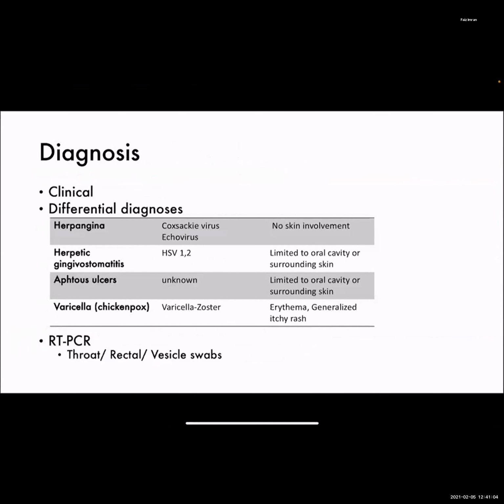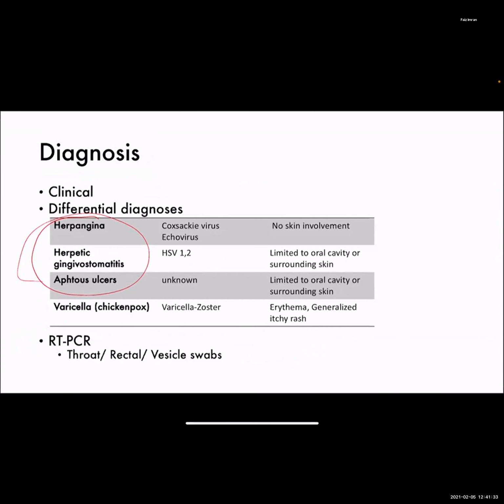When you want to diagnose HFMD, it is usually diagnosed clinically. You just observe the signs and symptoms, which again are enanthem, exanthem, and a painful sore throat. You also have differential diagnoses. For the first three I've labeled down here, usually they come with oral lesions, which is enanthem.